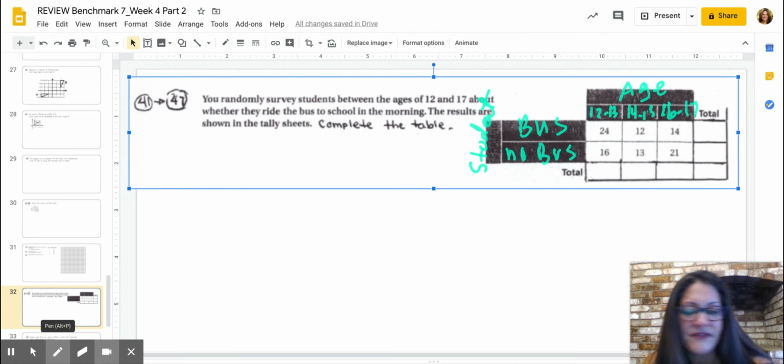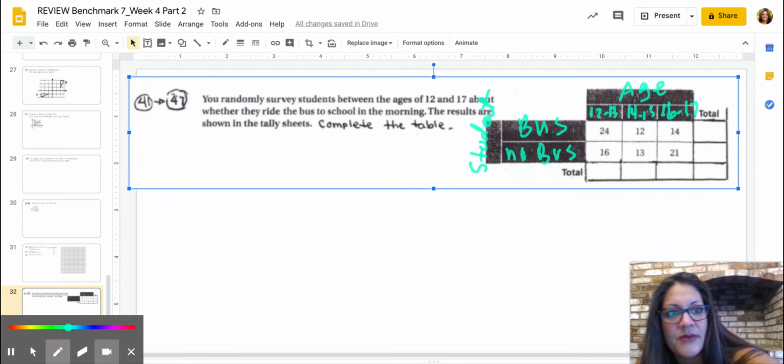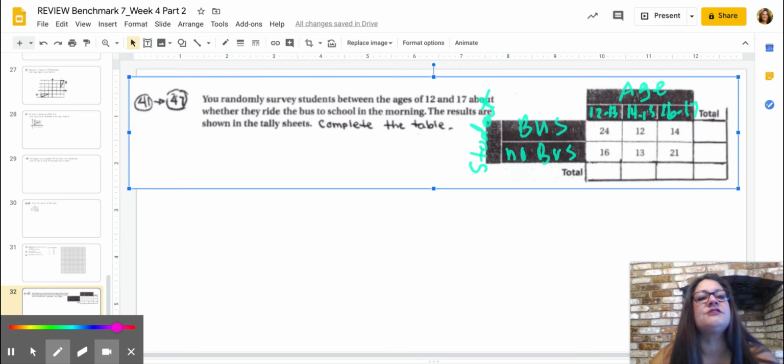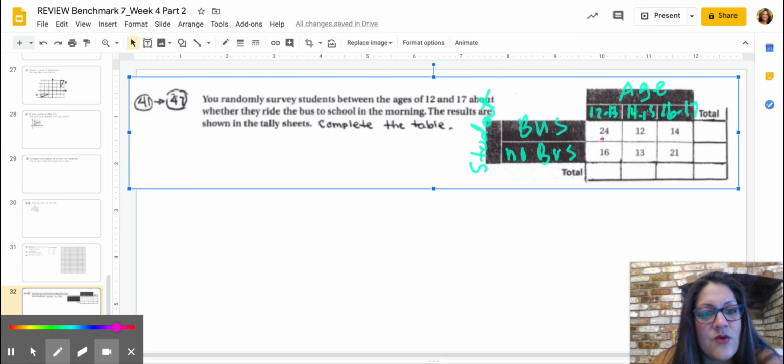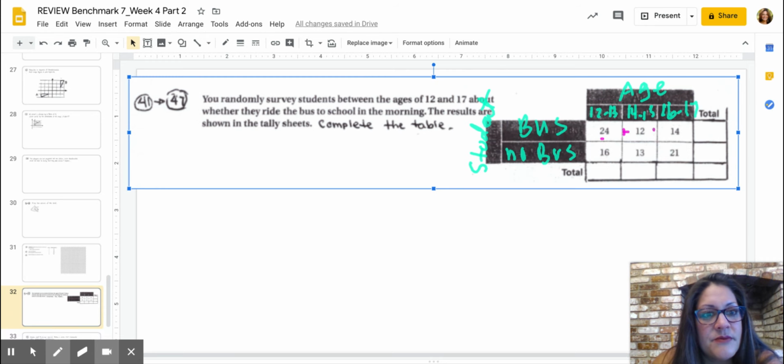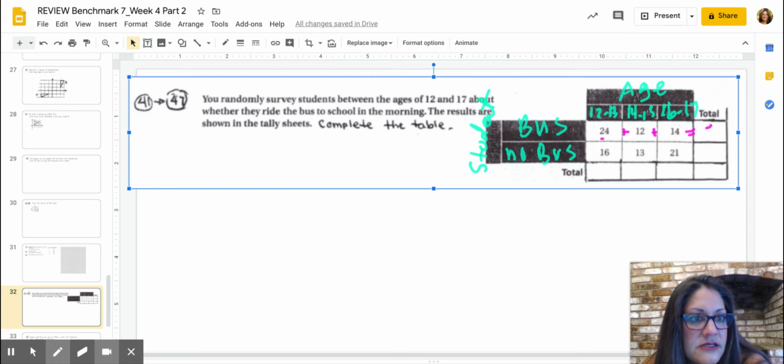All we have to do is add these numbers up, and we're going to have our answer. So for the students that ride the bus, all ages is going to be 24 plus 12 plus 14, a total of 50 students that ride the bus.